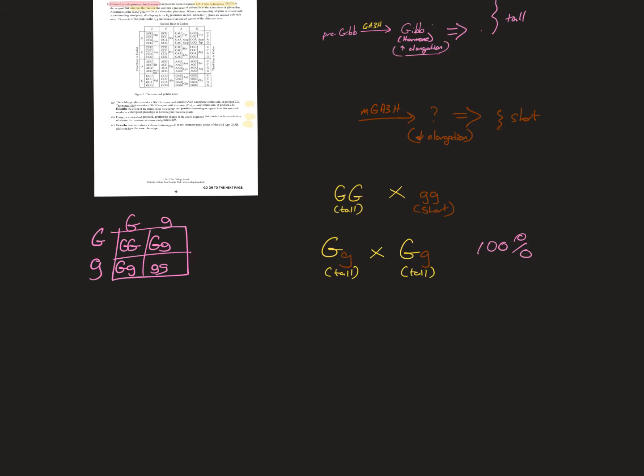It gives you 75% tall, and the result would also be 25% short. So there would be 75%, or 3 out of 4, 3/4 tall, and 25% short.